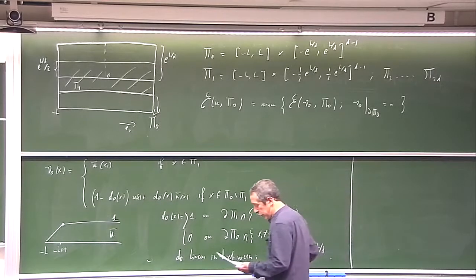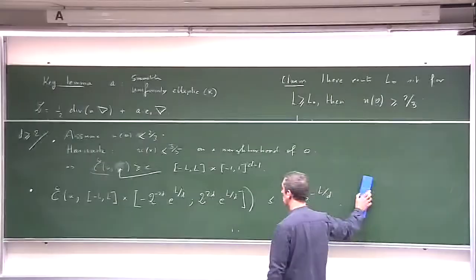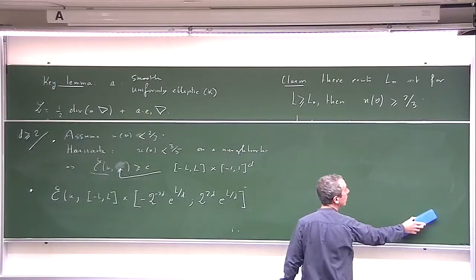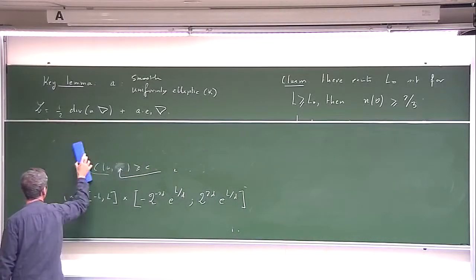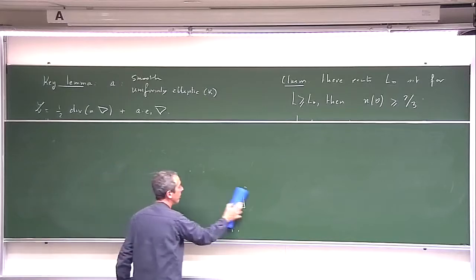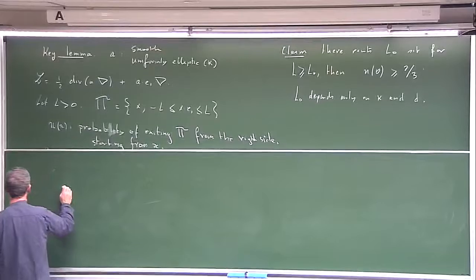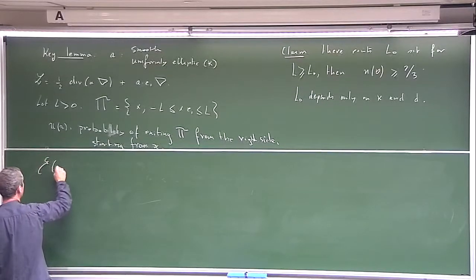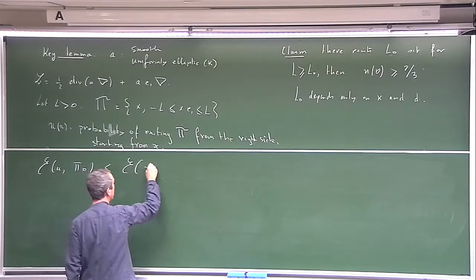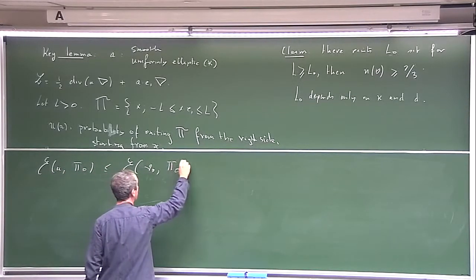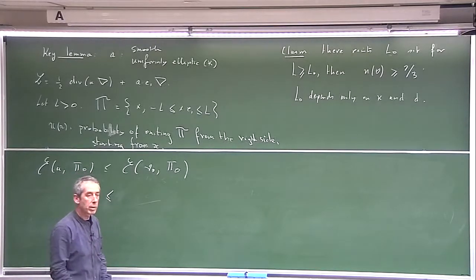Now we should compute the energy of this function, nu0. So we use the fact that the energy of u on pi 0 is less than the energy of nu0 on pi 0, and then we compute this one. What we actually need is just an upper bound.